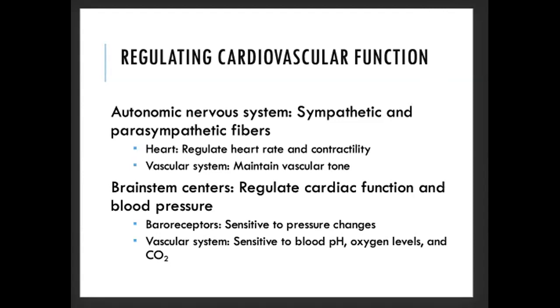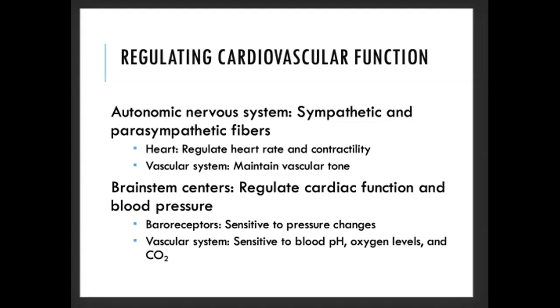So their main function is going to be to regulate ventilation, but they can also send information to the vasomotor center in response to a lack of oxygen, right? Because we know that the heart's your pump.